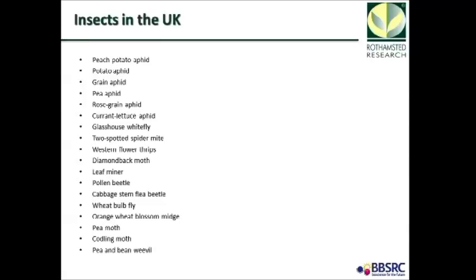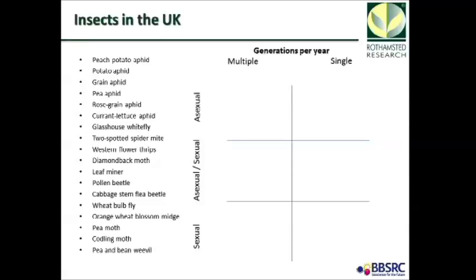So, for example, if we just take 2 traits here, the number of generations a year and their reproduction mode, is it possible that an insect which has multiple generations a year and is asexual will be different from an insect which has a single generation a year and is sexual, would they have different strategies which are best at reducing the resistance management?